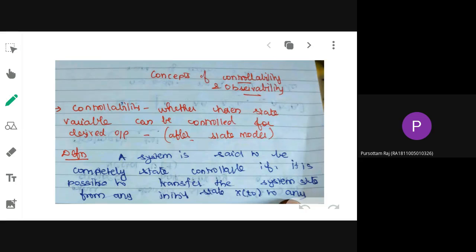Definition for controllability. Yes, ma'am. Make a note. Again, I'm telling you, this is one more important part of this unit from which a problem will surely come in part C. Two formulae to remember for it, and matrix manipulation only.